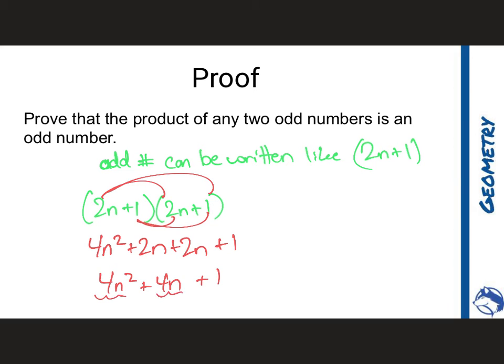Because these are multiplied by 4, I know that they're always going to be even and even. So an even plus an odd has to be equal to an odd. So therefore, we have an odd number. That's how we would prove that case that we had before.